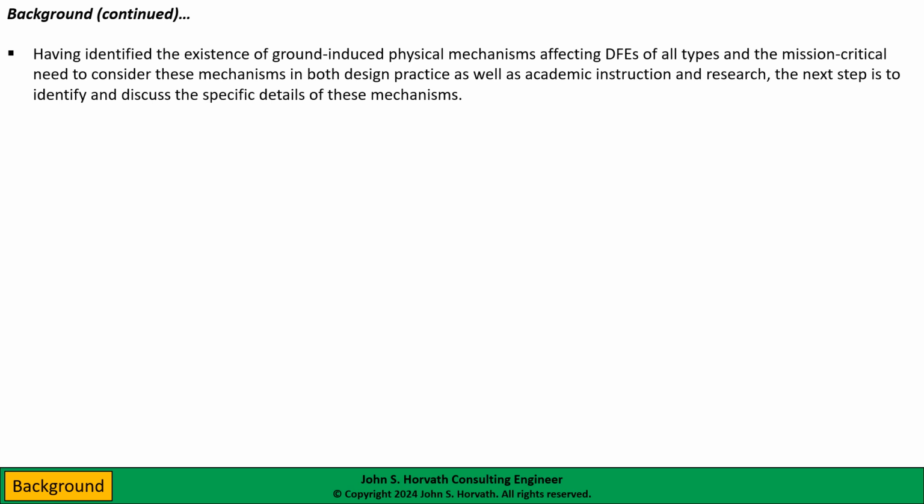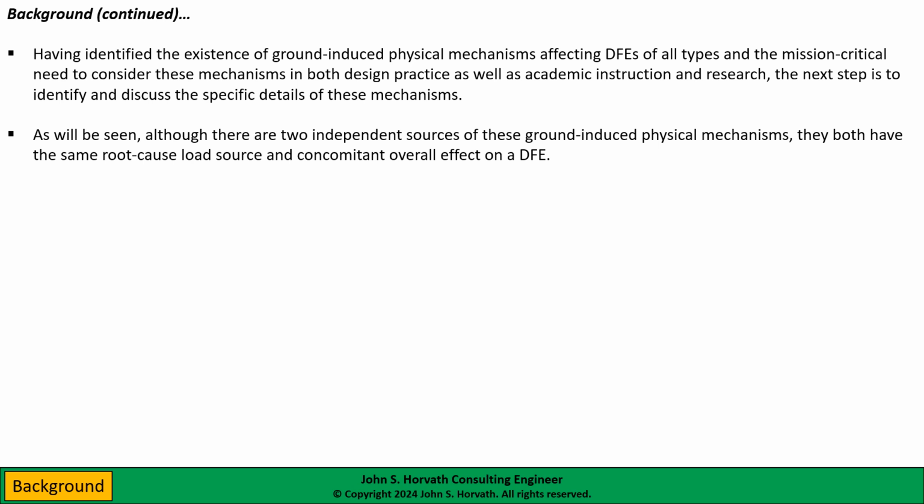So, having identified the existence of ground-induced physical mechanisms affecting DFEs of all types, and the mission-critical need to consider these mechanisms in both design practice as well as academic instruction and research, the next step is to identify and discuss the specific details of these mechanisms.